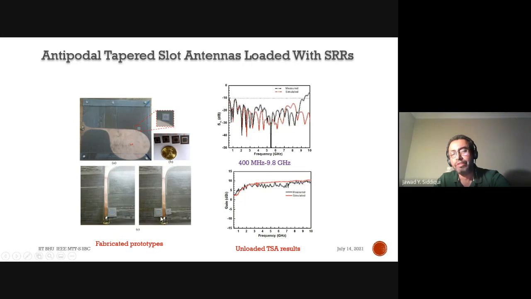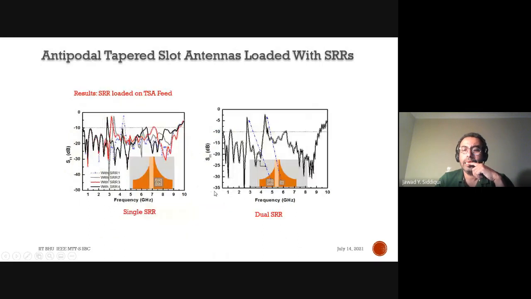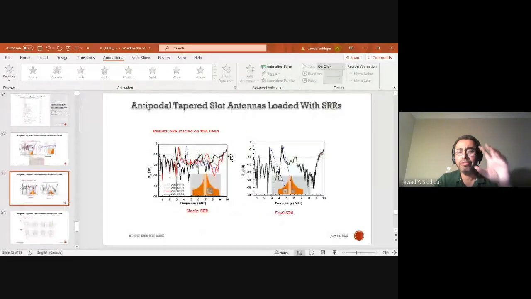And the closer we brought it, the sharper we got the notch. Here you can see. So you have to understand the underlying physics of how to place the SRR, because the SRR will be excited by the magnetic field. If you know how the magnetic field lines are encircling your antenna, or where they're being excited, you can place your SRR in that location to optimally excite the SRR.